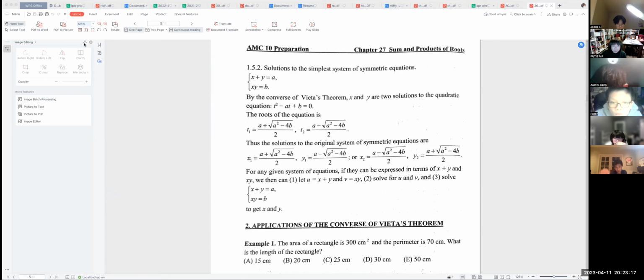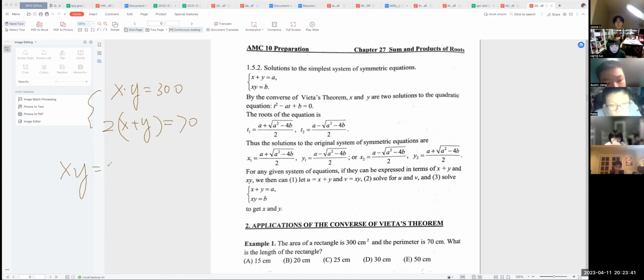Let's look at this question first. The regular approach: we know a rectangle's area is 300 and we know the perimeter. So x times y equals 300 and 2 times (x plus y) equals 70. Correct, everybody? That's the regular way.